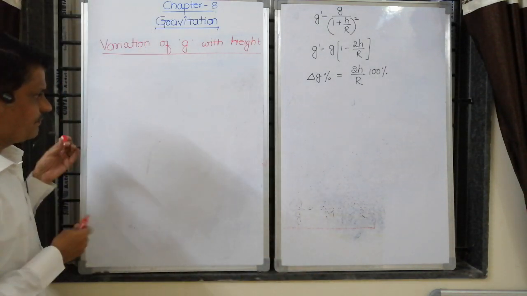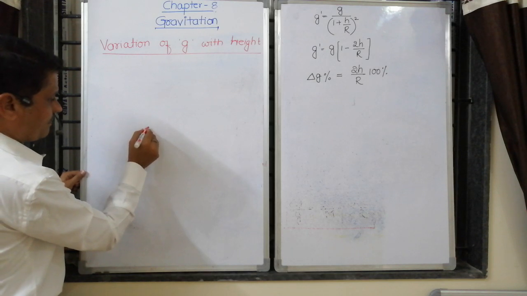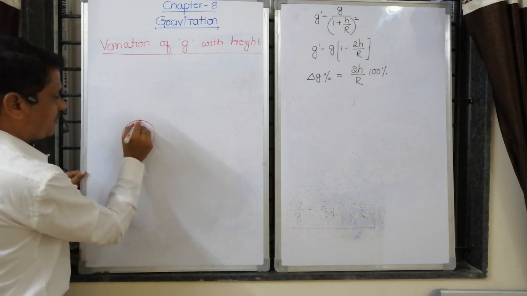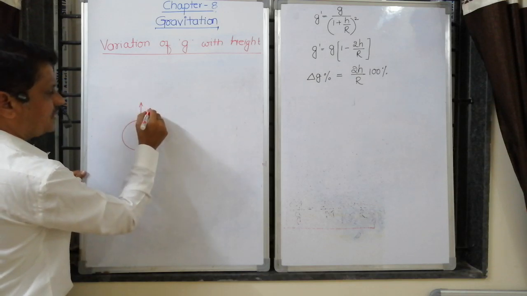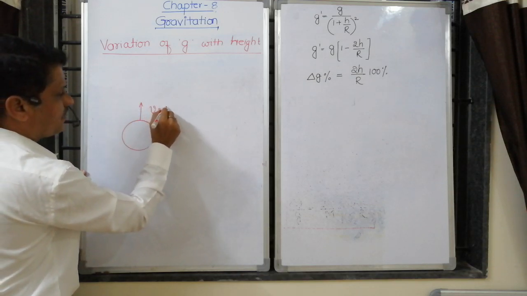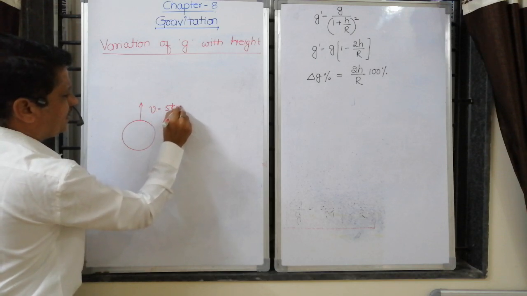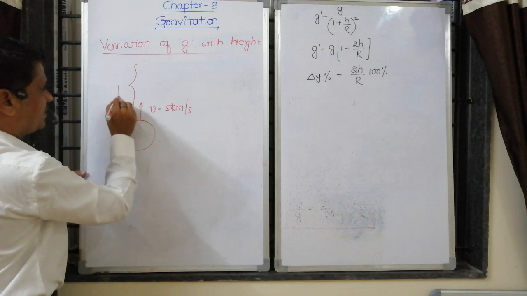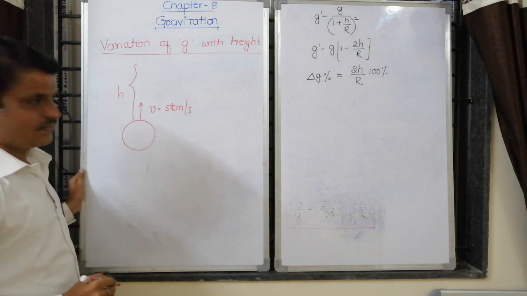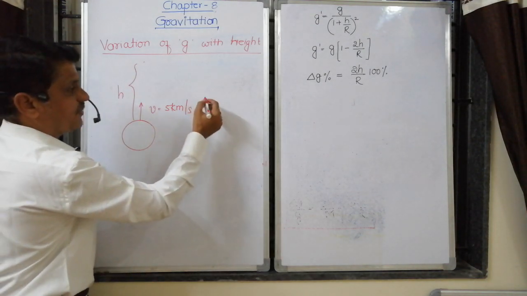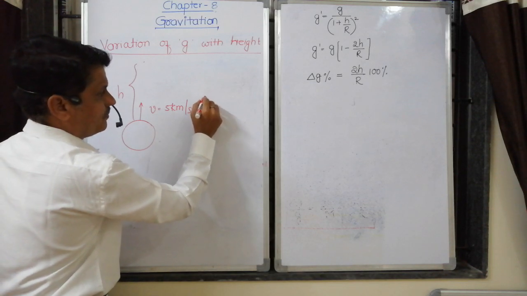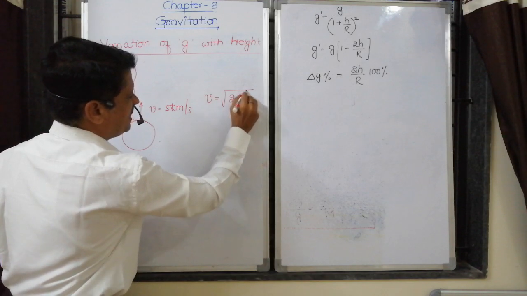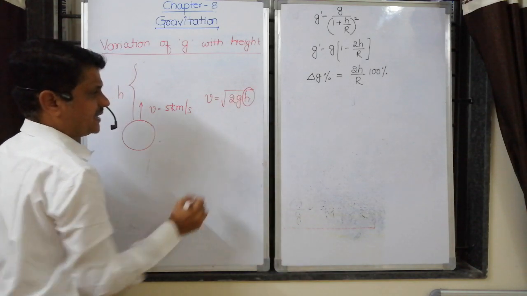I will tell you an example. See, there was a question: say it is the earth. From the surface of the earth, when I project a body with a speed of 5 kilometer per second, what height does it reach? Then if I go from mechanics, we can use v is equal to under root of 2gh to calculate h.